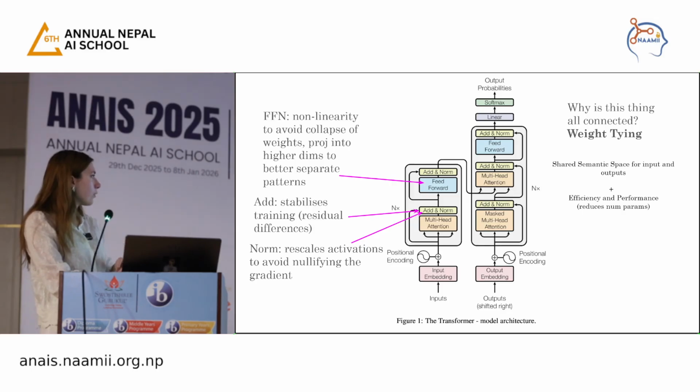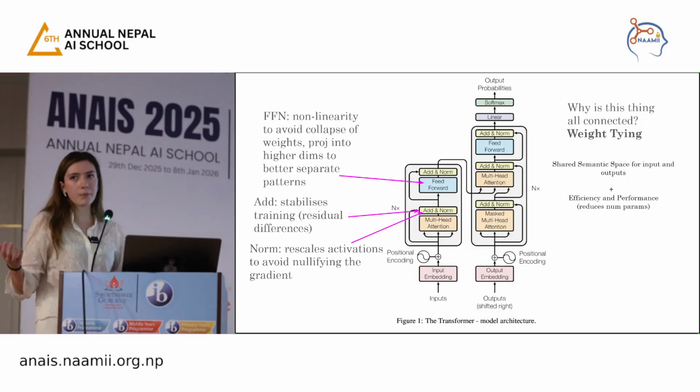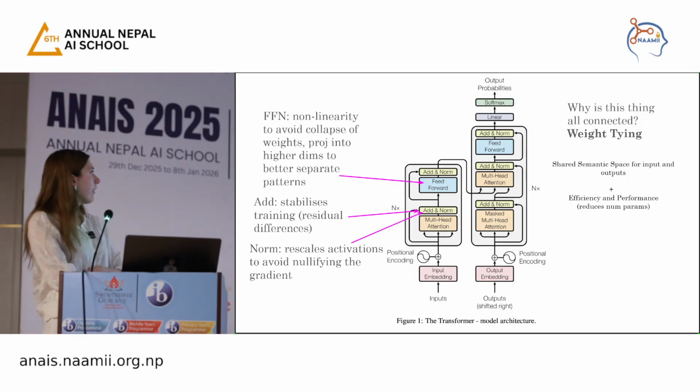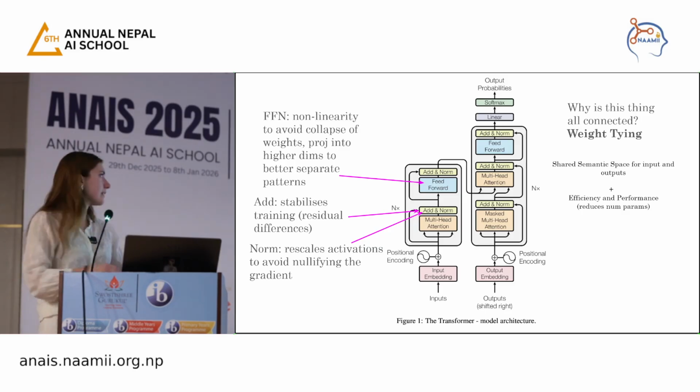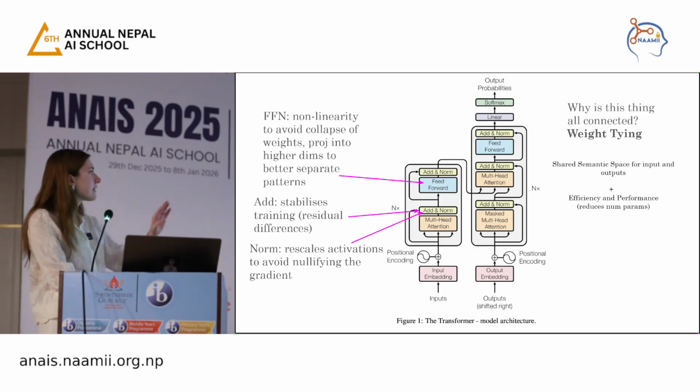In the norm layer, what we do is rescale activations to avoid nullifying the gradient, which, if you remember, was one of the big problems for RNNs. In the feed-forward network, we add a nonlinearity to avoid the collapse of all these linear projections that we have with the matrices. And this is all the layers I haven't spoken about yet.